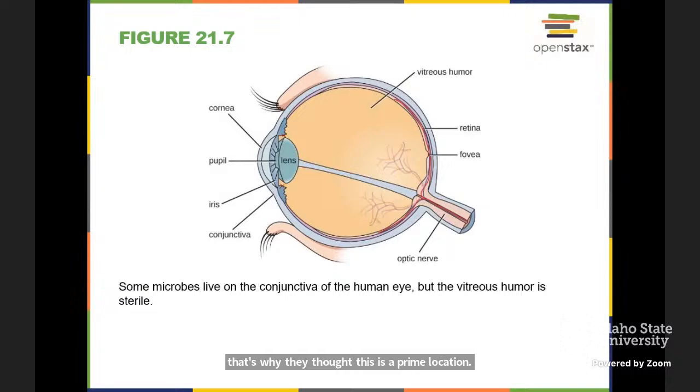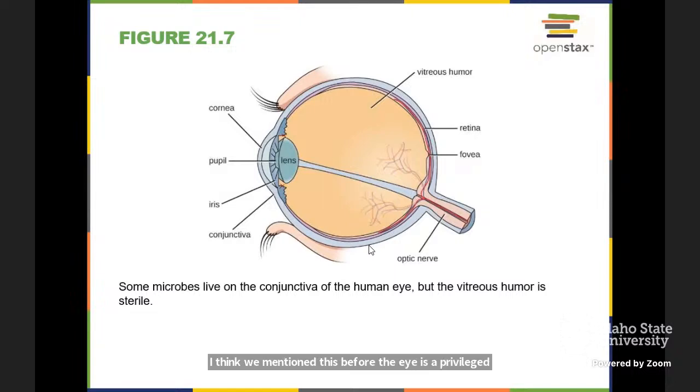All right. The eye, as we move into it, should be sterile. There are definitely potentials for things to take hold, but it should be a sterile environment. All right. I think we mentioned this before. The eye is a privileged site, immunologically privileged.